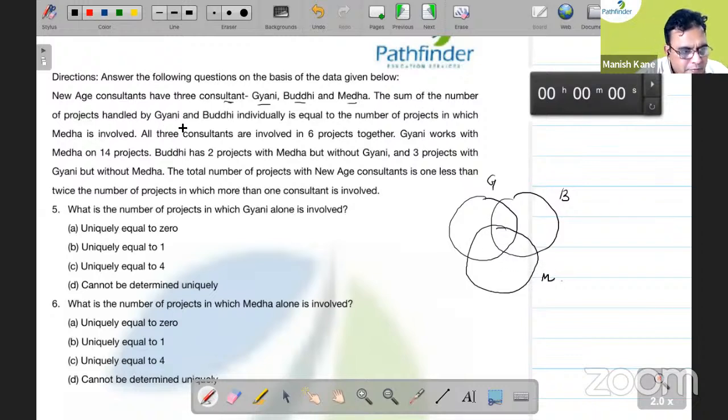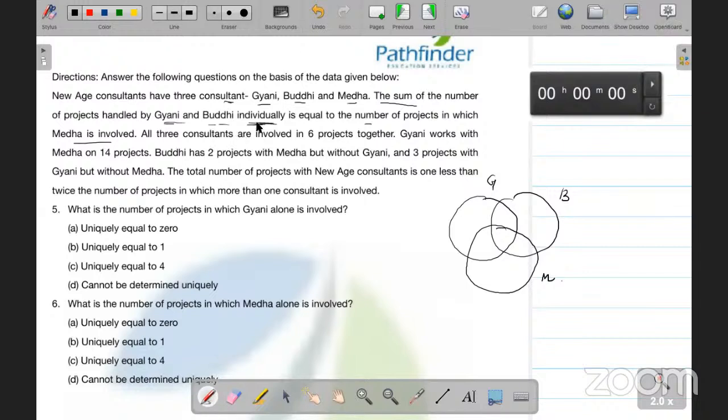The sum of the number of projects handled by Jnani and Buddhi individually is equal to the number of projects in which Medha is involved. Now, this is a tricky sentence, right? Sum of projects handled by Jnani and Buddhi individually. What does that mean? What does that mean to you? Anyone?